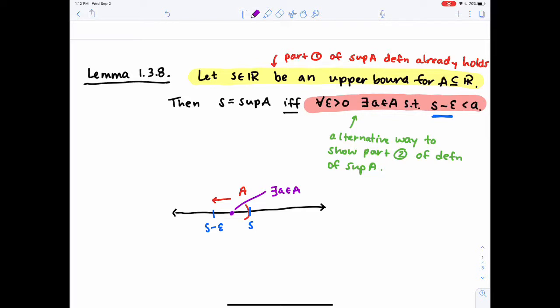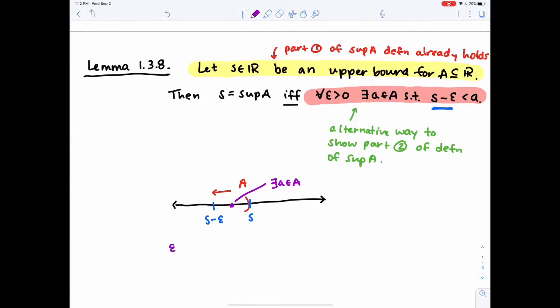So if we go ahead and look at this quantified statement, here when you see epsilon, I want you to think of a small positive distance. This is kind of like error. And we're saying that if you try to make S minus epsilon even a little bit smaller, you're going to find an element in the set that's bigger than it.